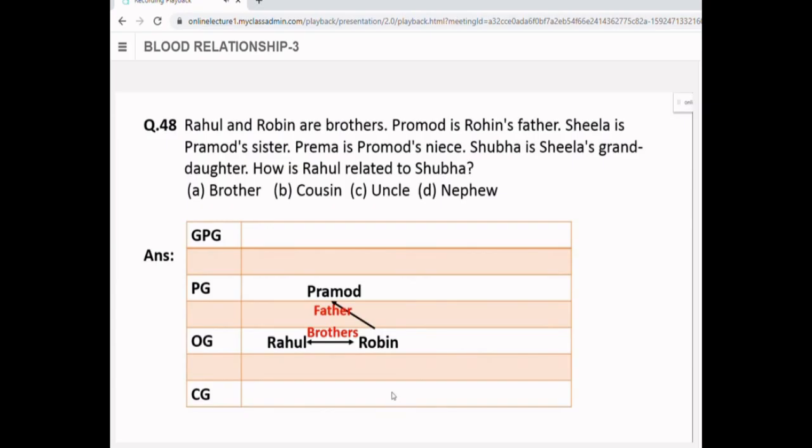Yesterday, one of the students asked me a question: sir, how do you know you have to read the sentence in the reverse direction? Dear student, you should always read the sentence in normal, straight format.